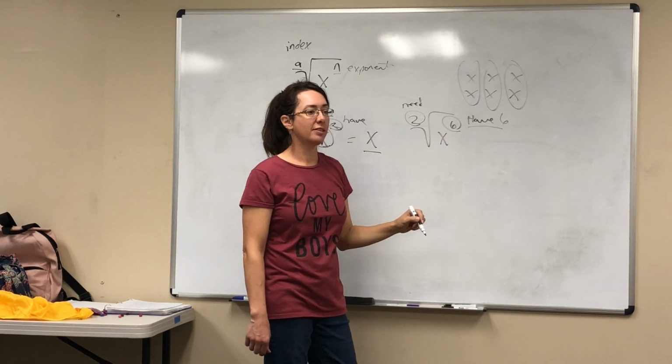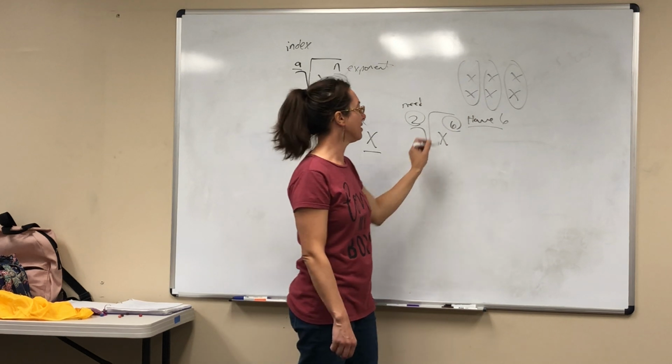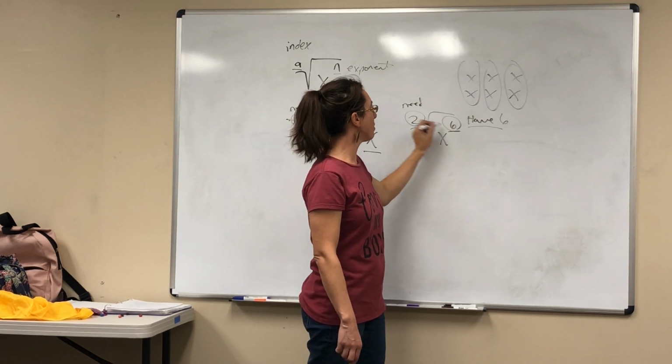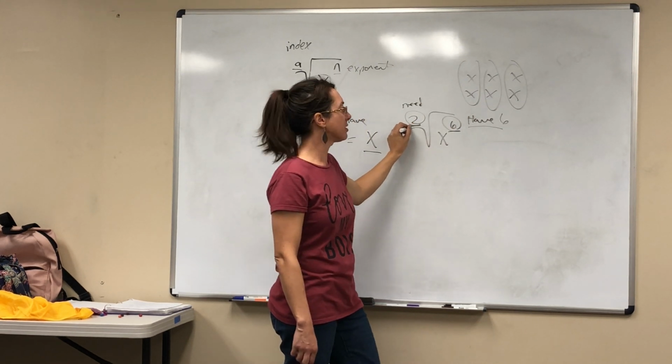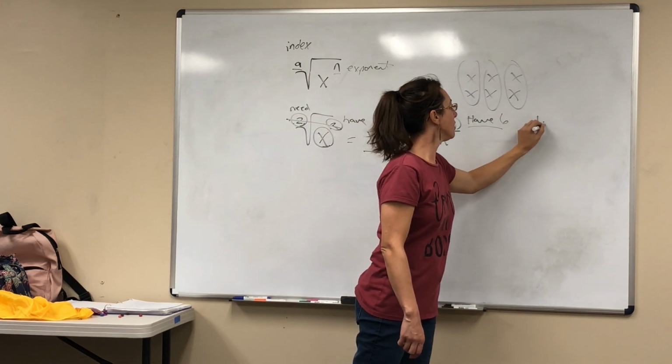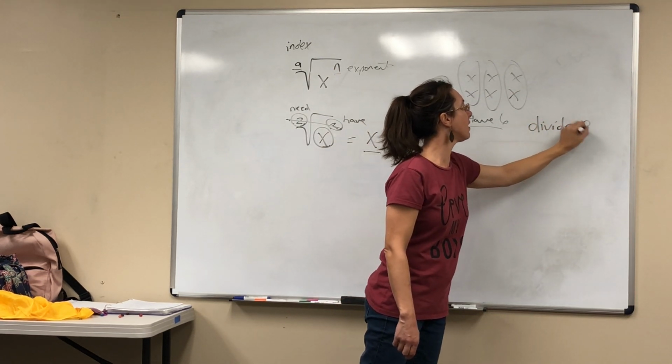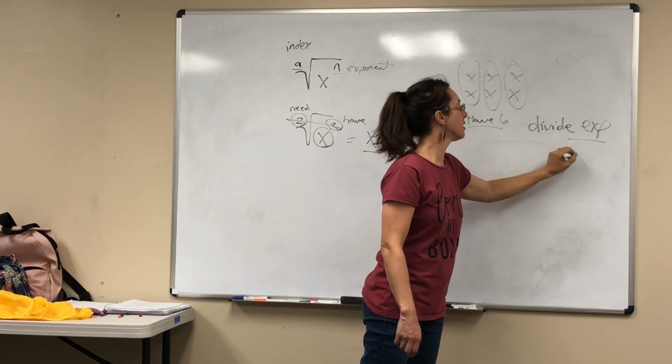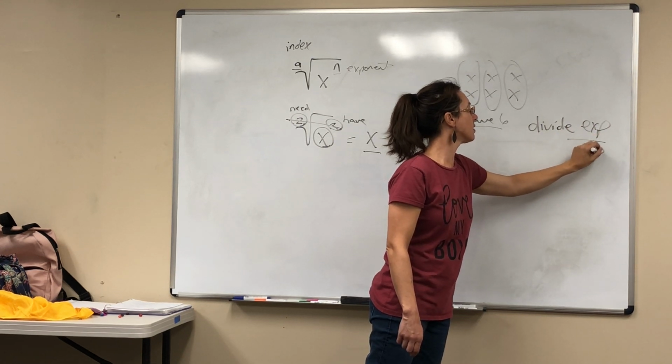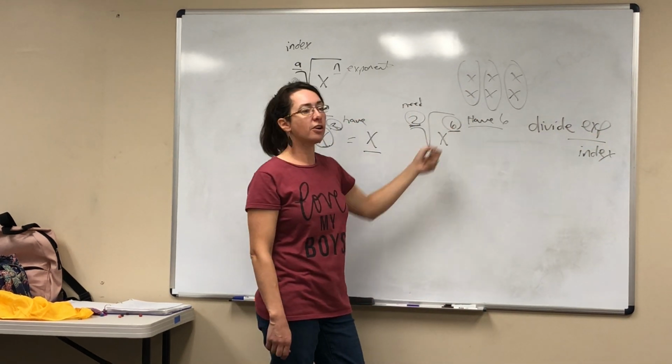What are we doing? Dividing. We're dividing our exponent by our index. So you can divide your exponent by your index to figure out what you have.